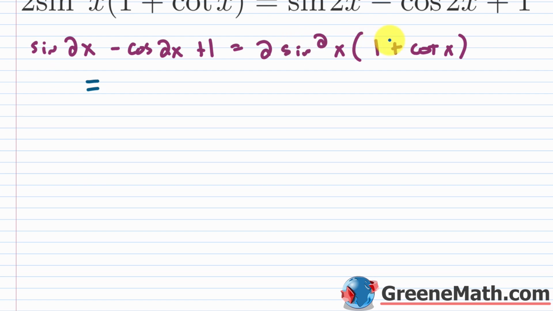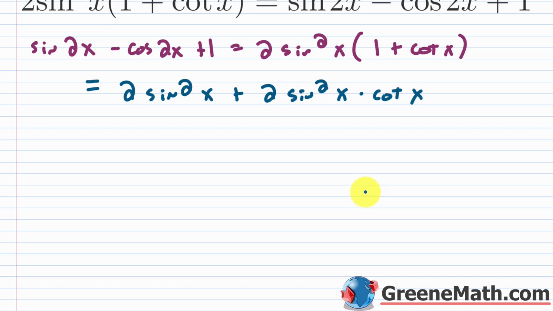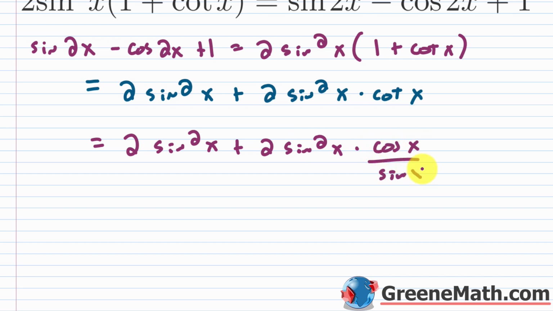So I'm going to distribute this in. So I'm going to say this is 2 times sine squared x, and then plus, you would have 2 times sine squared x times cotangent of x. Now, the cotangent of x is the cosine of x over the sine of x. So let's write this as 2 times sine squared x plus 2 times sine squared x times cosine of x over sine of x.